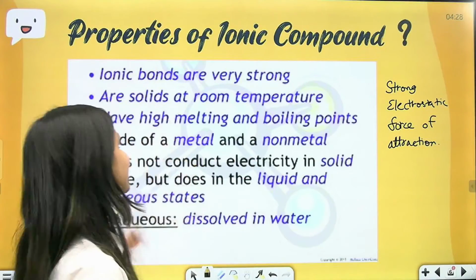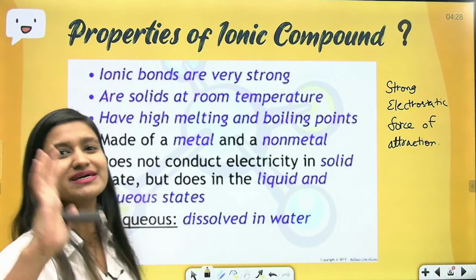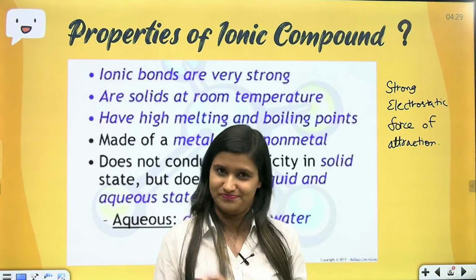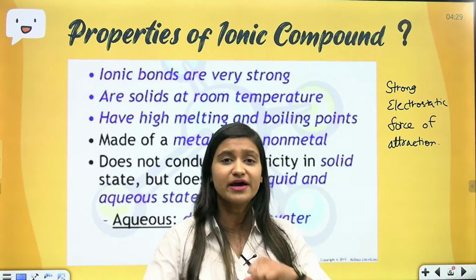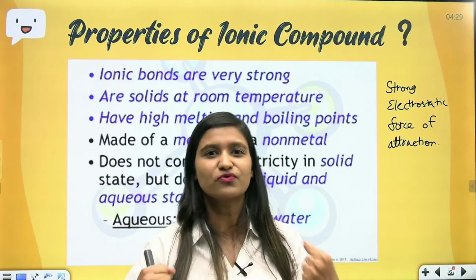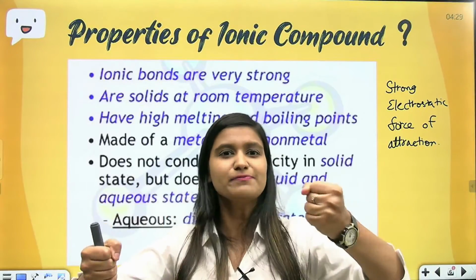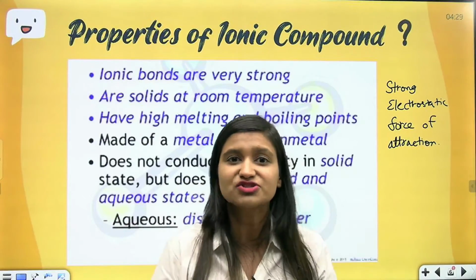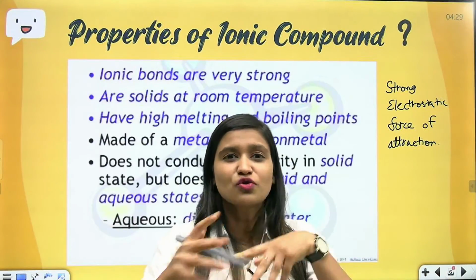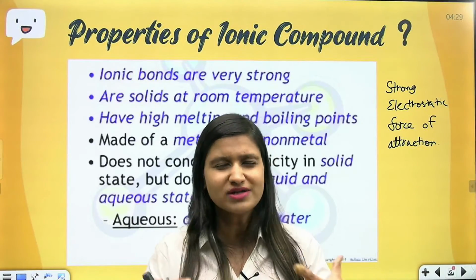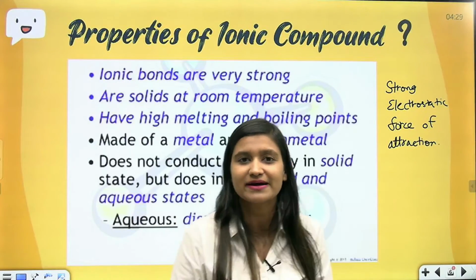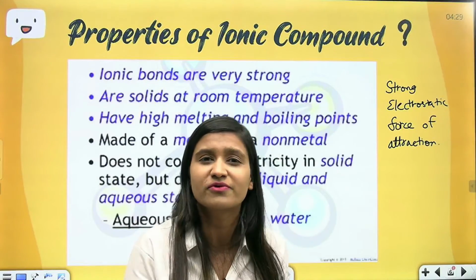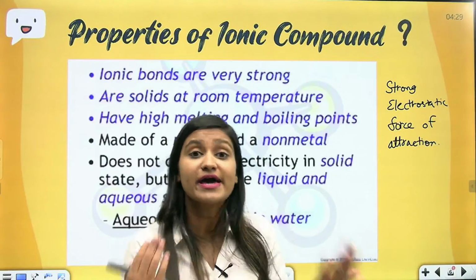The second one says that these are solids at room temperature. Generally, they exist in the solid form, right? If the force is very strong, one positive charge and one negative charge, very strong force of attraction, they will have very high density packing. As a result, it will automatically be in the form of a solid.